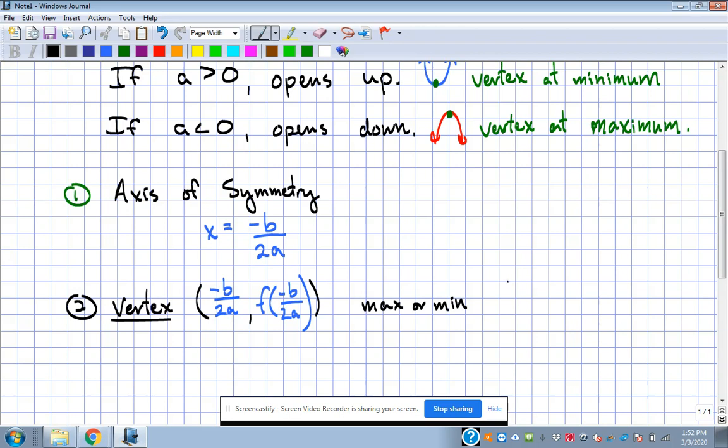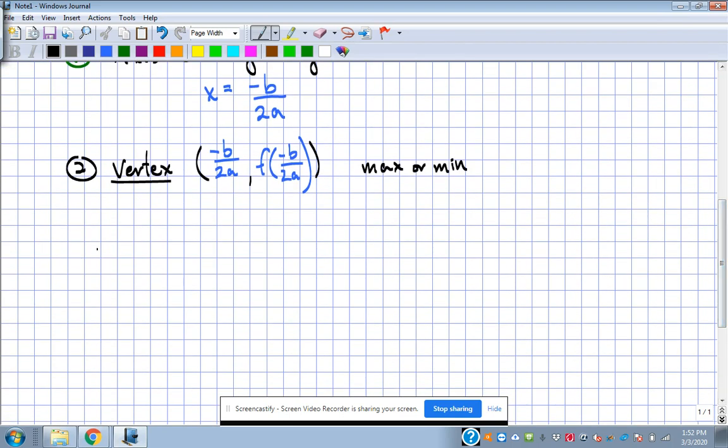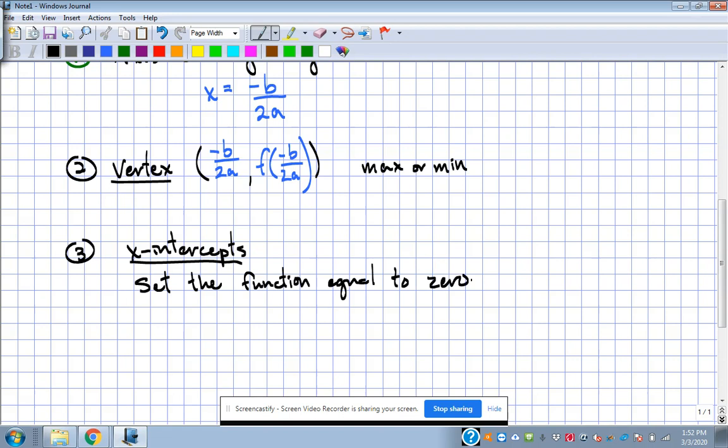And then the next things that we're going to find are some intercepts. We'll start with the x-intercepts because those are the hardest. To find the x-intercepts, we're going to set the function equal to 0. ax squared plus bx plus c equals 0.